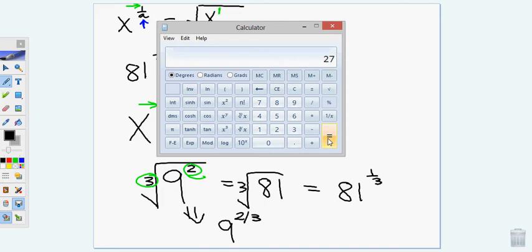But if I clear that, and take 9 to the power of 2 divided by 3 inside the parentheses, and hit equals, I get a completely different answer, because your calculator knows order of operations.